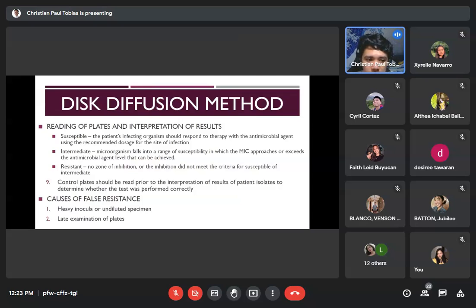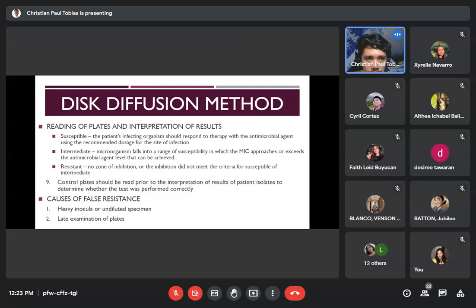Okay, late examinations of plate, ang tendency, pag sobrang tagal mong in-incubate yan, imbis na susceptible, nagiging resistant siya. So, false resistance. Originally, susceptible siya, pero due to prolonged incubation, nagkaroon ng false resistance.